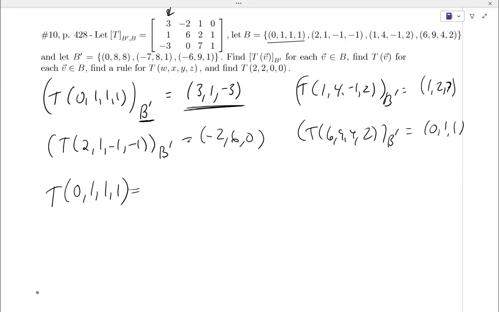That says take 3 times your first basis element plus 1 times your second basis element minus 3 times your third basis element. That's what that says for that first one, right?